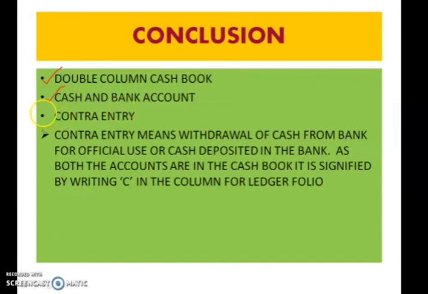We saw what a contra entry is. Contra entry means withdrawal of cash from bank for office use or cash deposited in the bank. So whenever you find a transaction where both cash and bank are dealing, you have to pass a contra entry. And this contra entry is represented by writing C in the ledger folio.